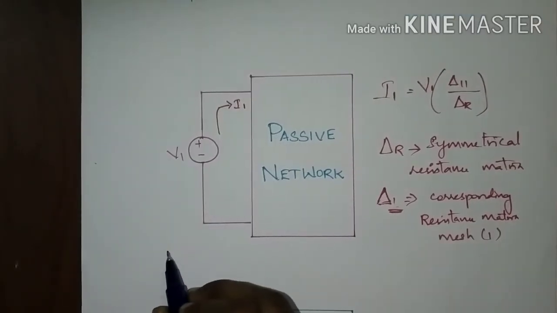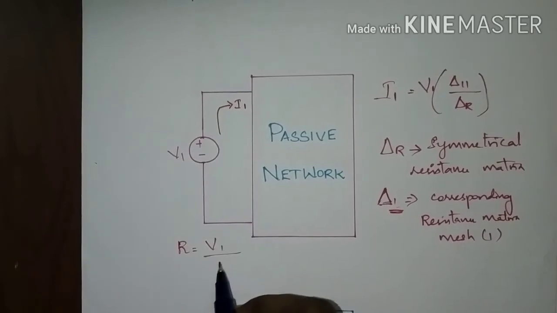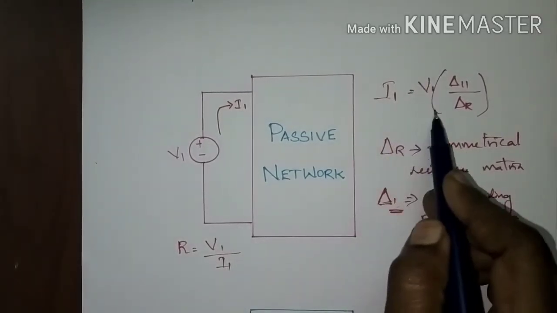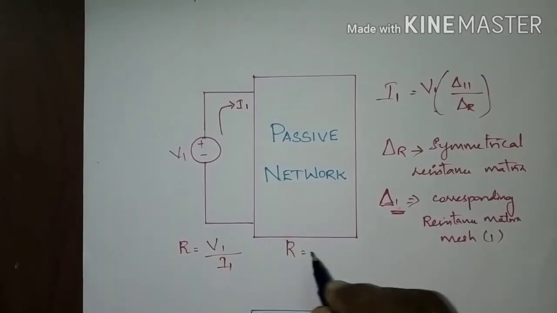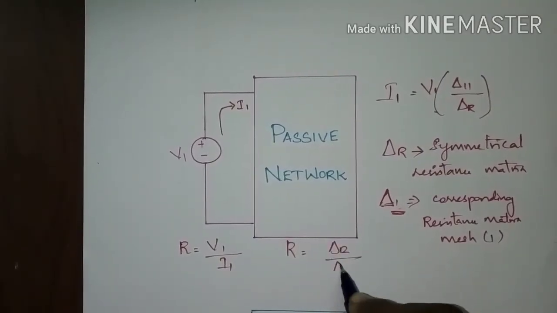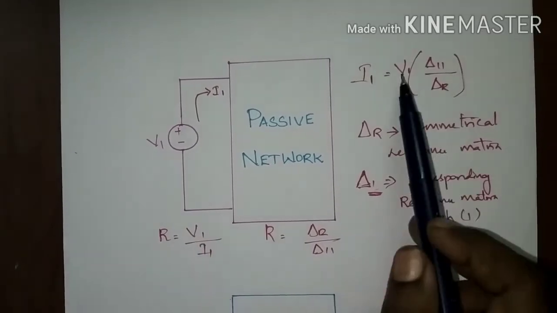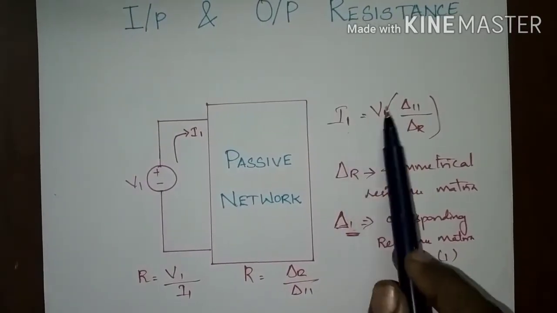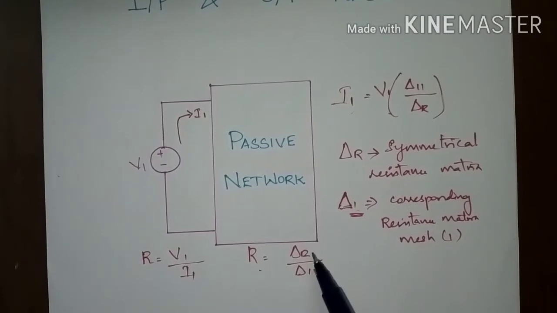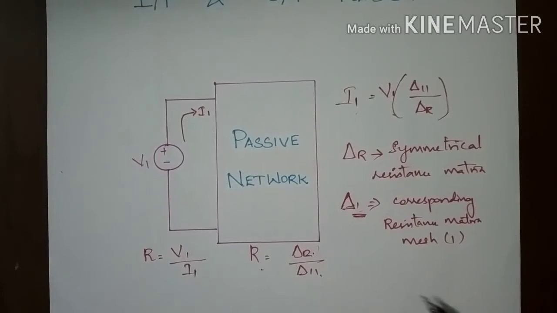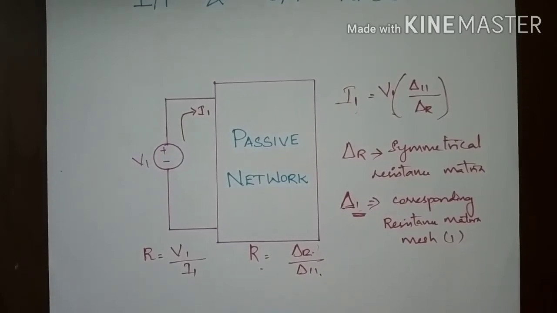We all know, according to Ohm's law, resistance can be given by V1 divided by I1. So, V1 divided by I1, your resistance can be given by del R divided by del 11. On doing mathematical manipulations, you will get the resistance value as del R divided by del 11, where del R is a symmetrical resistance matrix and del 11 is the resistance corresponding to that mesh.